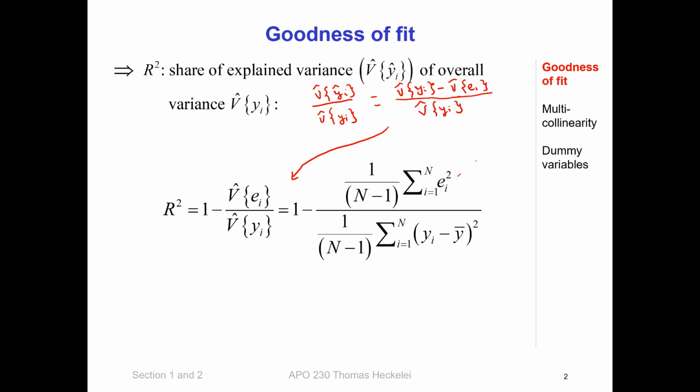And we can just plug in the definition of the sample variance of the residual and the dependent variable itself in here. However, note one thing: here we use again n-1, not n-k, because at some point when we talk about the unbiased estimate of the variance in the sample, we use n-k, right?